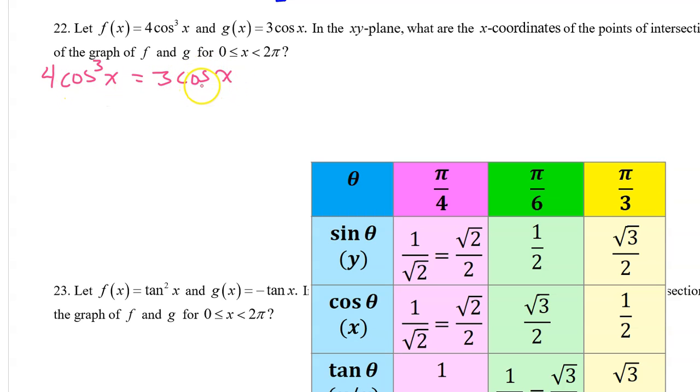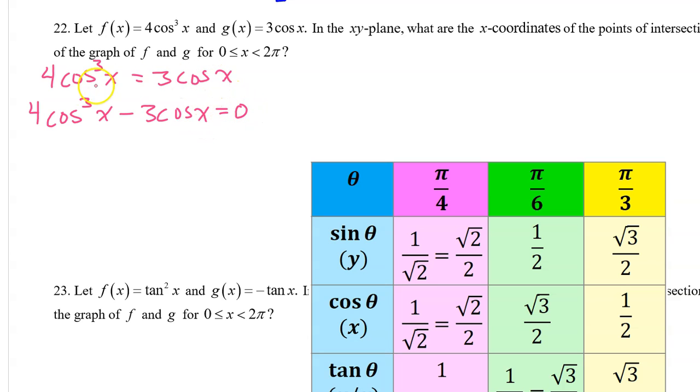By now we know not to try to divide both sides by cosine x. Dividing by cosine will make us lose one of the solutions. Instead, let's subtract 3 cosine x from both sides, which gives us 4 cosine cubed x minus 3 cosine x is equal to 0.